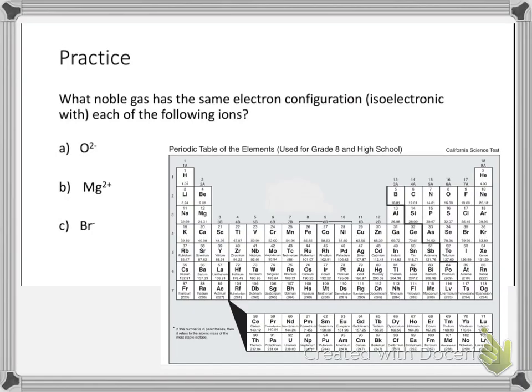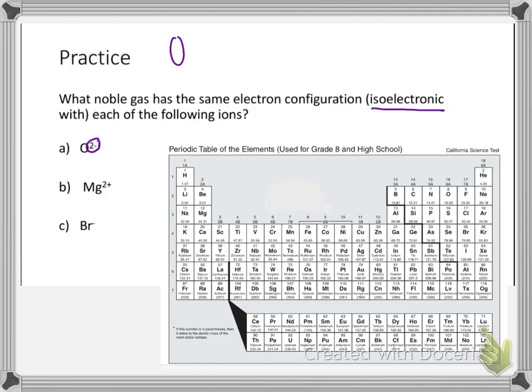So before we get to that, just so you can kind of see what I'm talking about, this says, what noble gas has the same electron configuration? And this word isoelectronic means same electron configuration with the following ions. So the first one, I look at oxygen, and when we call negative ions, we change their names.